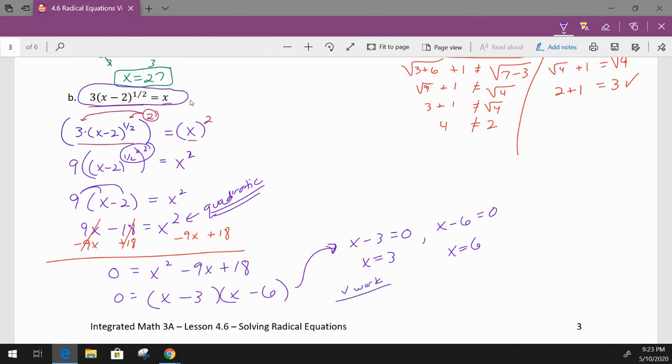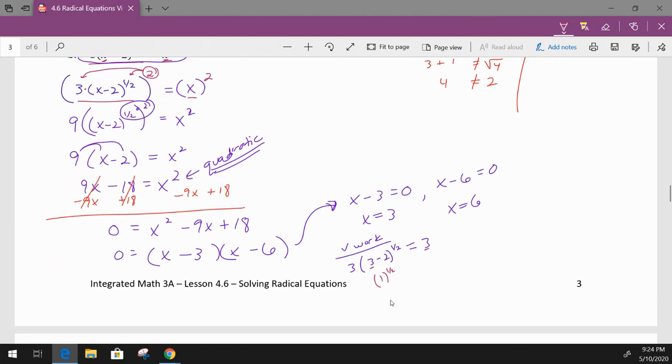So if I take 3 times 3 minus 2 to the 1/2 power, does it equal 3? So we are substituting the 3 in for x here and there. So 3 minus 2 does equal 1. 1 to the 1/2 power, or 1 to any power, is 1, times 3 does equal 3.